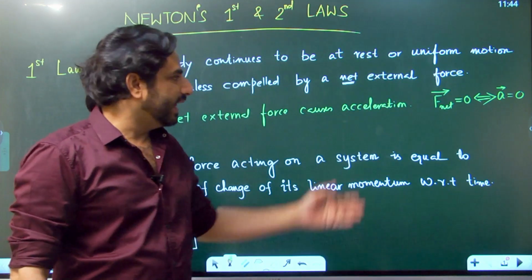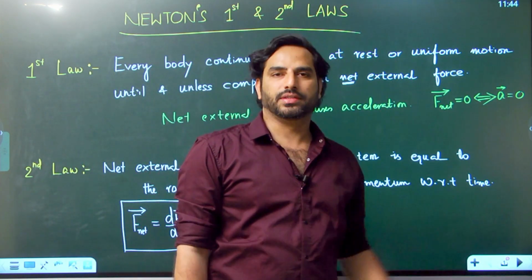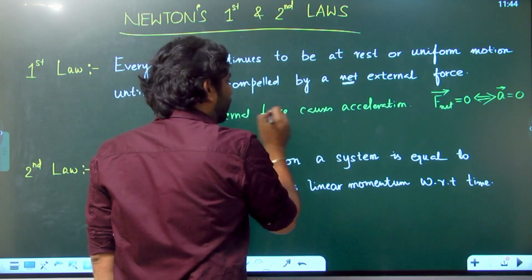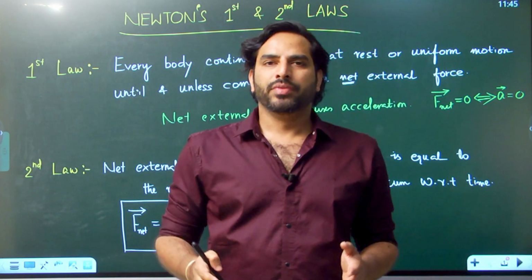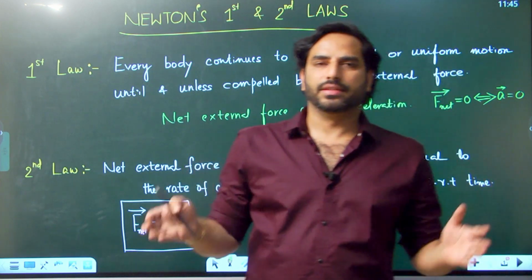Both ways, net external force acting on the system is 0 implies acceleration of the system is 0. So this is like the mathematical form of the statement net external force causes acceleration. And Newton's first law is only talking about one case out of infinite possible cases.